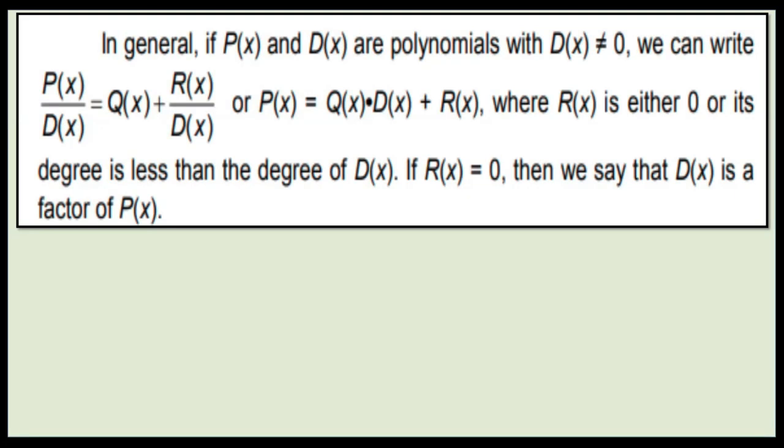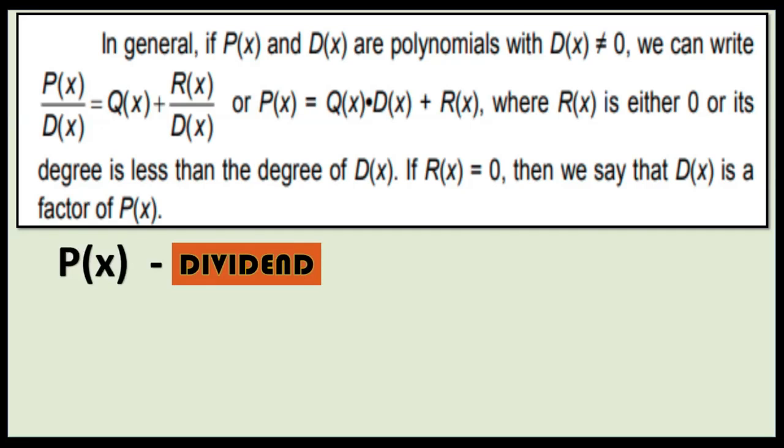In general, if p of x and d of x are polynomials, where d of x is not equal to 0, we can write p of x over d of x equals q of x plus r of x over d of x, or p of x equals q of x times d of x plus r of x, where r of x is either 0 or its degree is less than the degree of d of x. If r of x is 0, then we say that d of x is a factor of p of x.